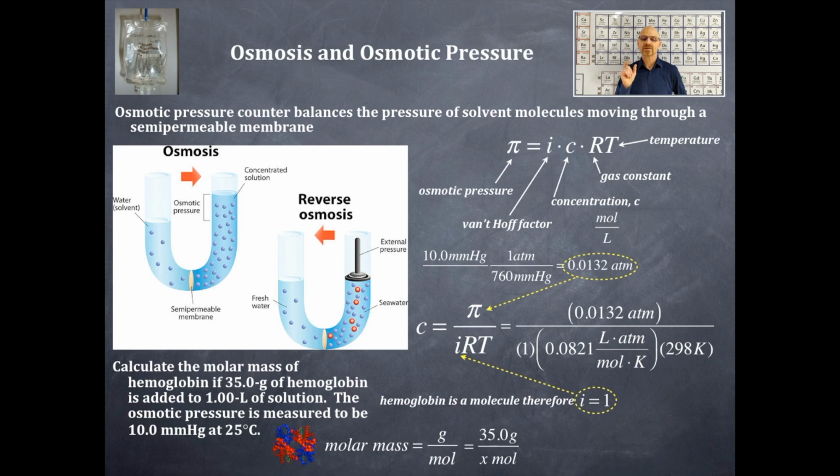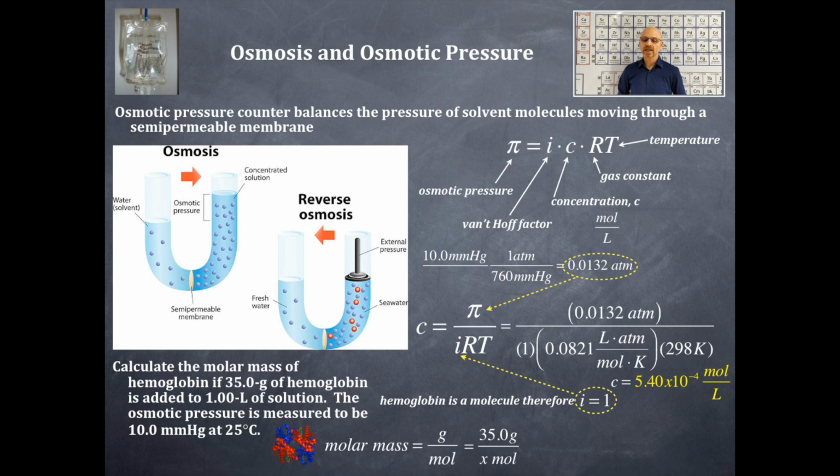That way it allows me to cancel out the kelvins, cancel out the atmospheres, and I'm going to have moles per liter, which is a concentration, and that's the C, which is the molarity. So I'm going to solve for the concentration, which is moles per liter, and remember I have a 1 liter solution, so this is 5.40 times 10 to the negative 4 moles per 1 liter.